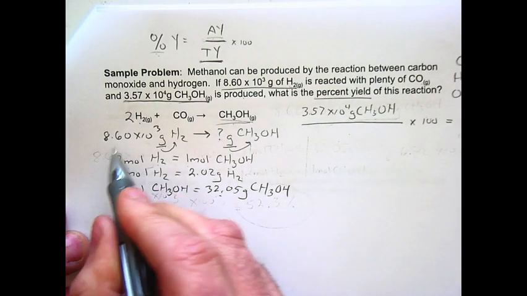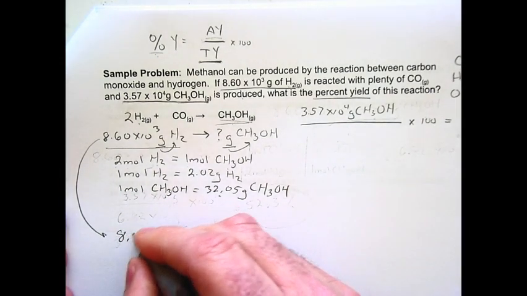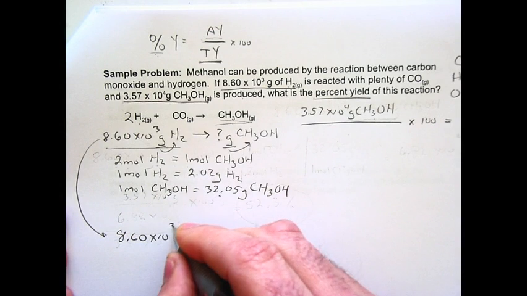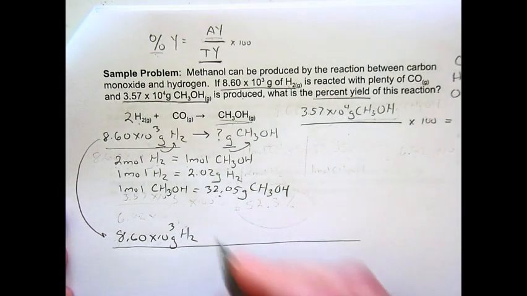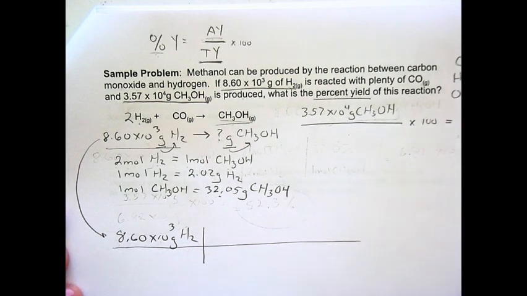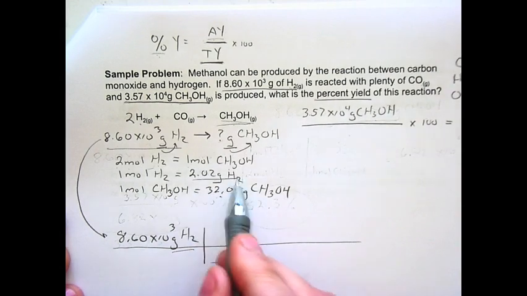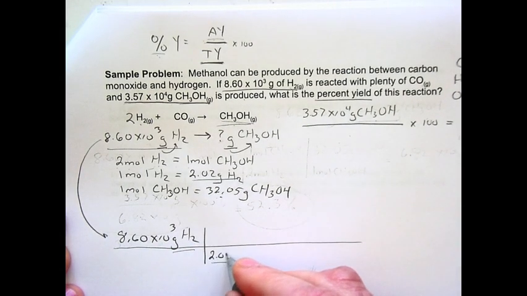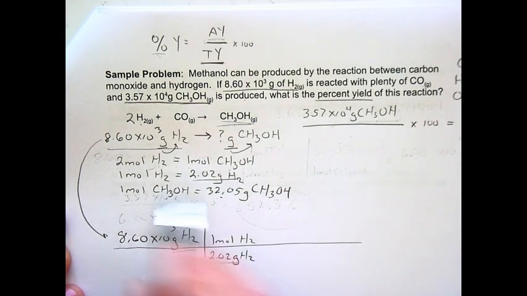Now that we have that, we can set up our grid. So we have 8.60 times 10 to the third grams as our starting point, which always goes in the top left-hand cell of the grid. Since we have grams of hydrogen there, we want grams of hydrogen there. So that's 2.02 grams of hydrogen, and it's equal to 1 mole of hydrogen.